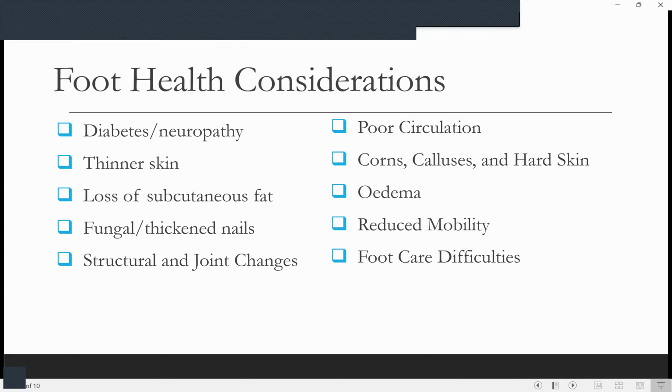Reduced mobility is getting in and out of your couch, but also if you're doing an ankle rotation, the client may not be able to have a lot of movement in that ankle. Quite often, because of mobility problems and vision problems, it can be harder for them to get down and look after their feet. Now, looking after your feet is really, really important.